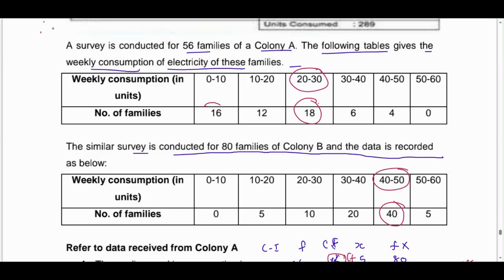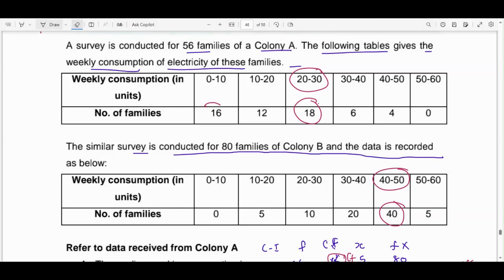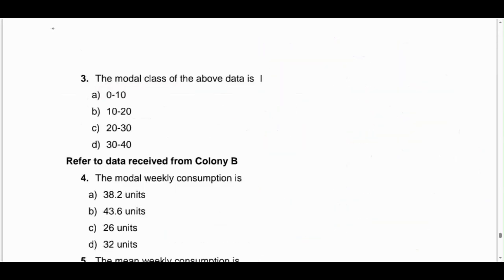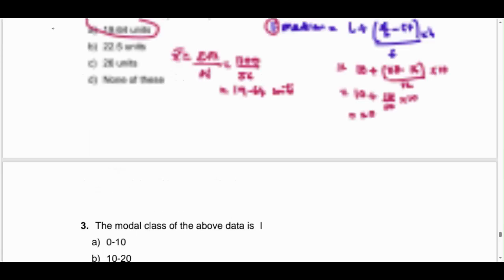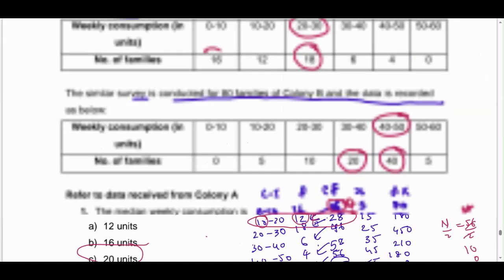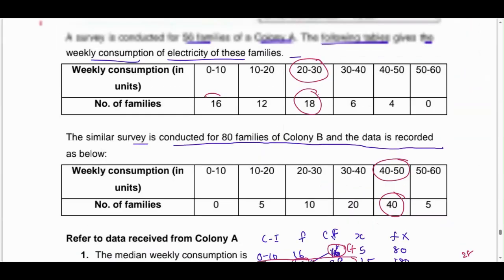Next, the modal class for A will be the highest frequency class, that is 20 to 30.